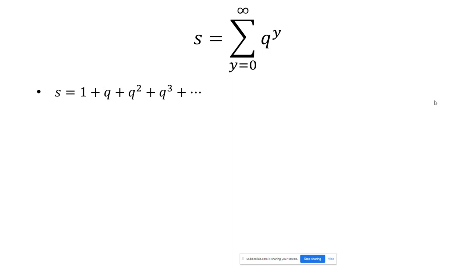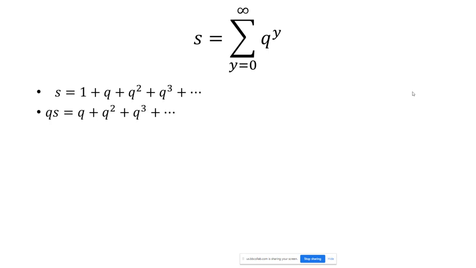This is a trick that we've seen once before in this class. Let's multiply s by something convenient.